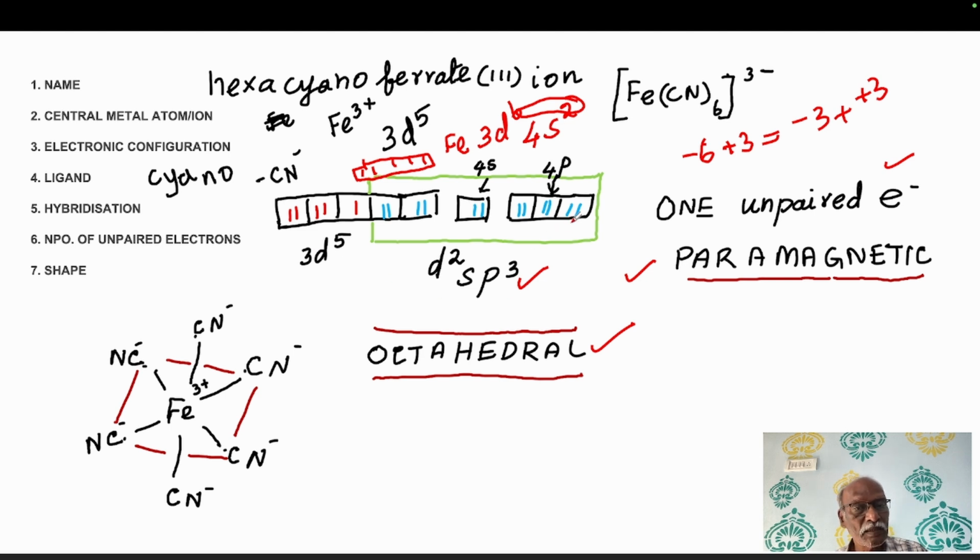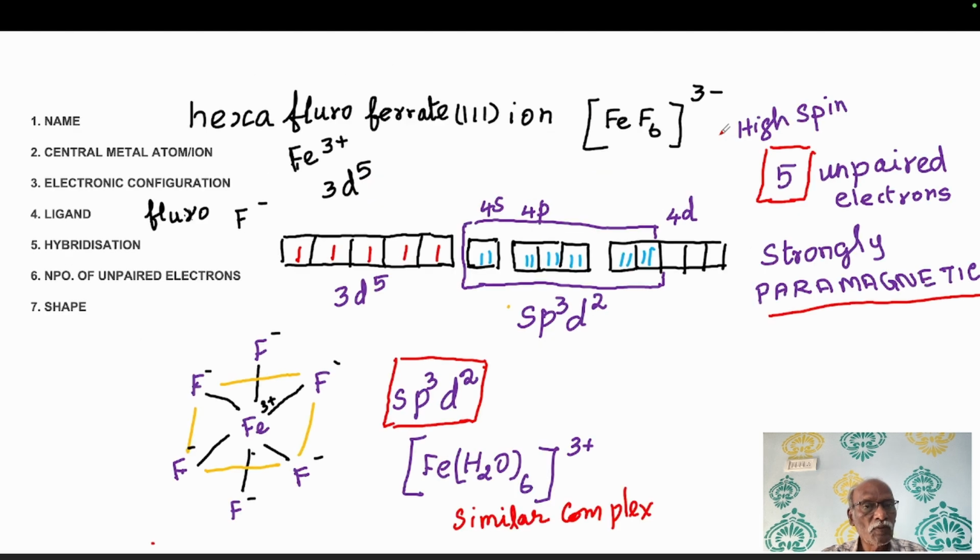These 6 orbitals are filled by the pairs of electrons supplied from CN minus. Each CN minus gives one pair of electrons to these d2sp3 orbitals, giving rise to this octahedral complex called [Fe(CN)6]3 minus. This is all you got to know here. Shall we go to the next one?